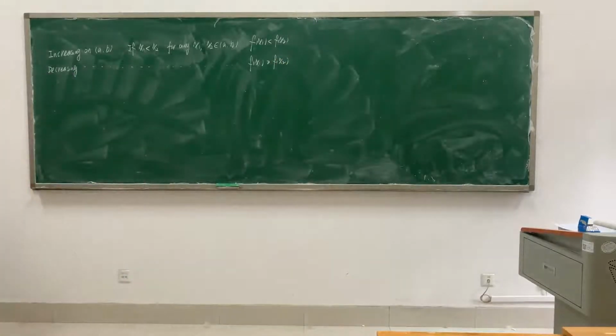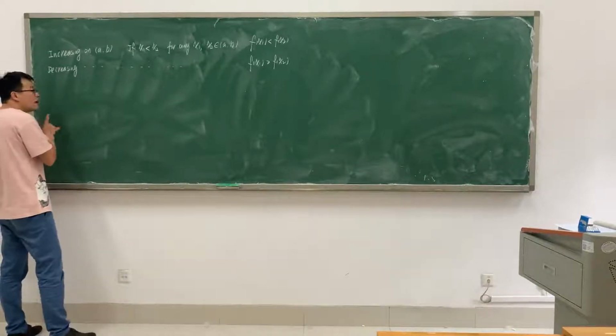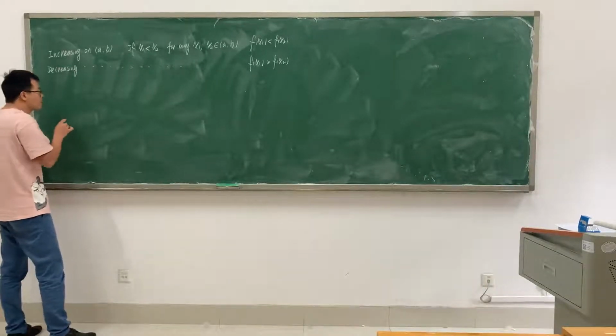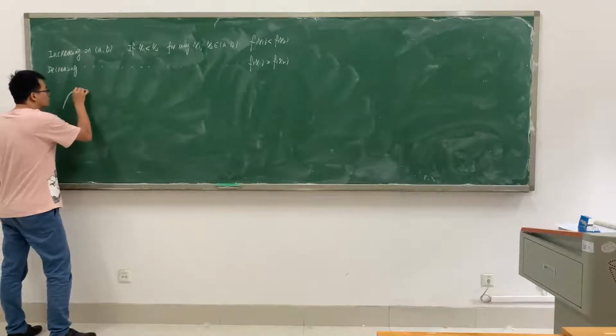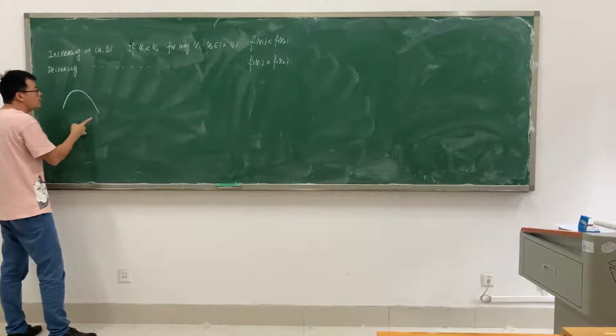And concave up and concave down. So what's the definition of concave up or concave down? For example, take four graphs like this.